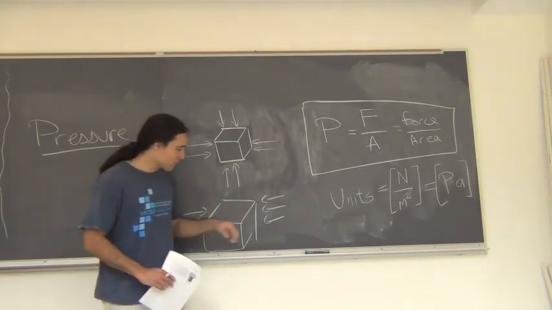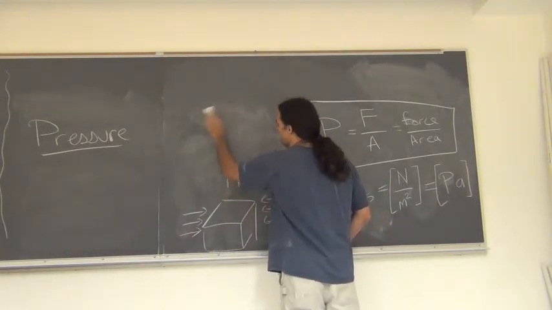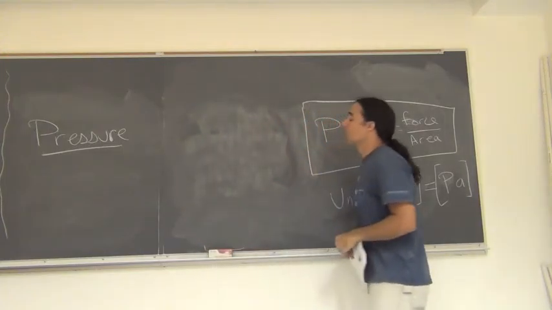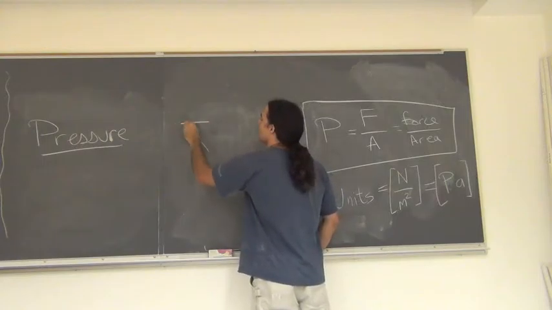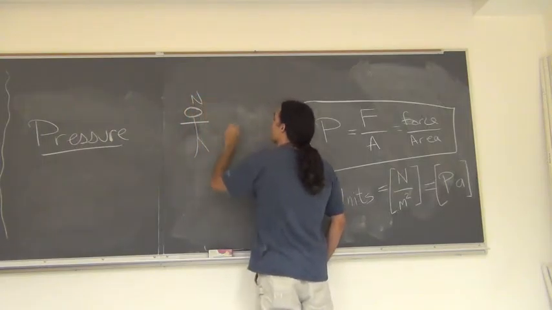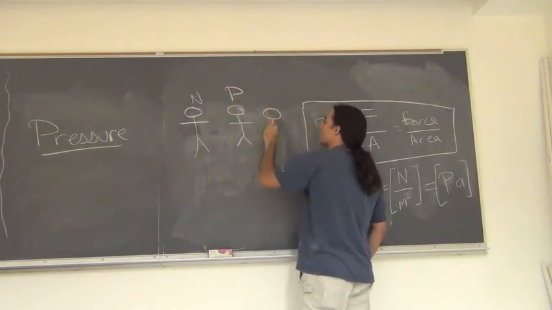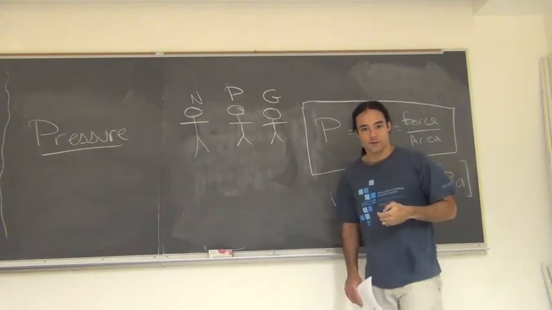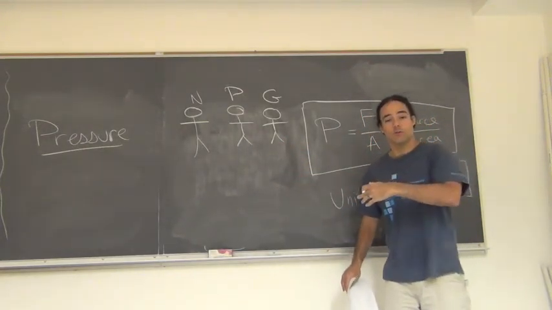Now, one helpful way to remember that is a story that goes like this. We had Newton, we had Pascal, and Gauss, another famous physicist slash mathematician. And these guys were all playing hide and go seek, and Gauss was it.